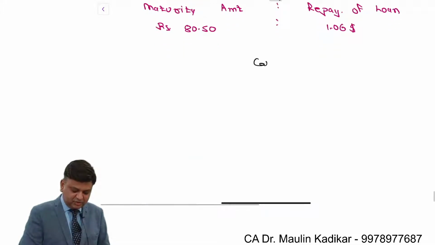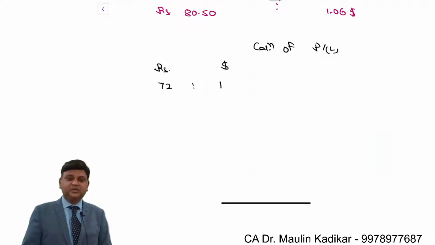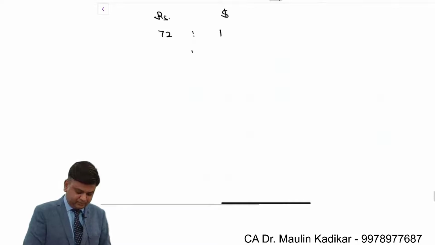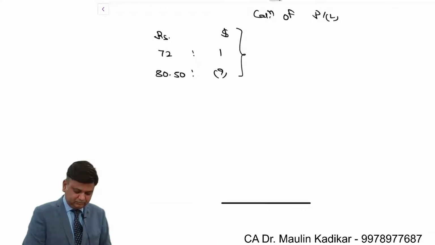So let us see calculation of profit or loss. Rupees and dollar. For 72 rupees you will get $1. So for 80.5 rupees you will get this amount of dollar. So we understand it is 80.5 into 1 divided by 72.